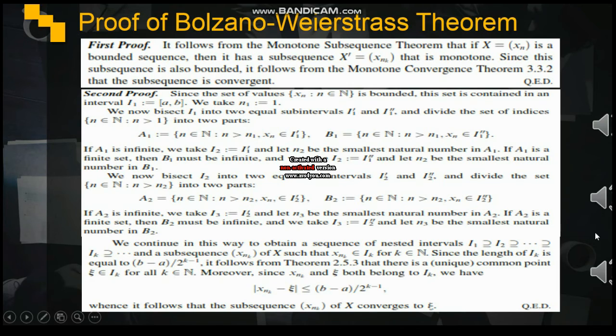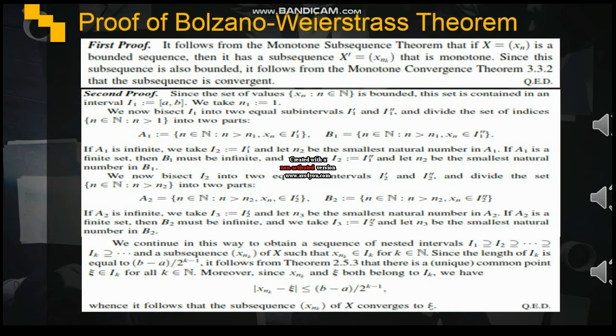Then the second proof. Since the set of values x_n such that n is an element of the natural numbers is bounded, this set is contained in some closed interval I1 defined as [a, b]. We take n1 equals 1. We now bisect I1 into two equal subintervals I1' and I1'' and divide the set of indices n in the natural numbers such that n is greater than 1 into two parts.